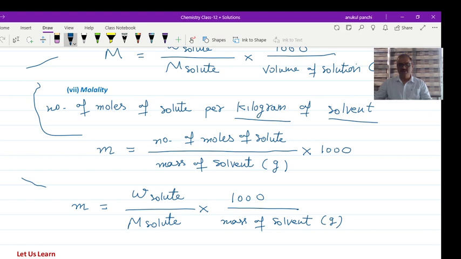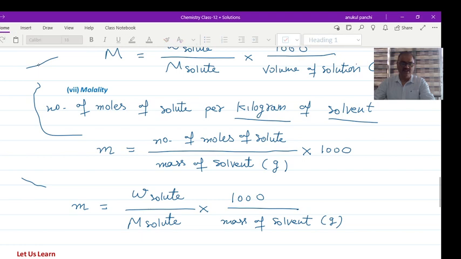So this is the formula to get the molality of a solution. I think you are clear what the difference is between molarity and molality.